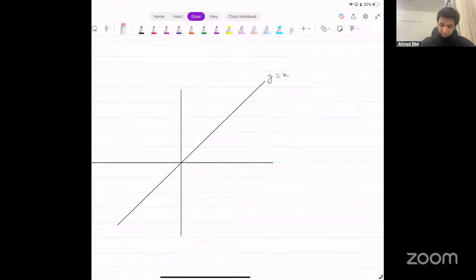Let me make it slightly different so it's easier to understand what is happening. Let me make it like this, if I want to make it less steep on one side. Okay, so let's suppose we've got something like this. Okay, something of this form.